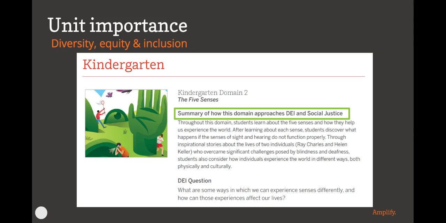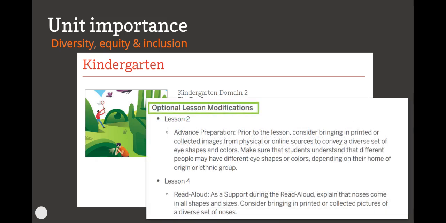Questions are provided to get students thinking about how our senses and their potential loss can affect us physically and culturally as we live our lives on our own and as a part of a group. Also, modifications to specific lessons are offered to help ensure a wide variety of different people and experiences are represented.